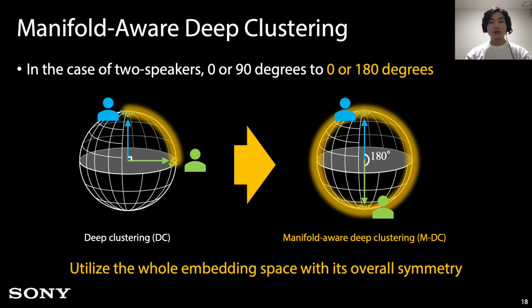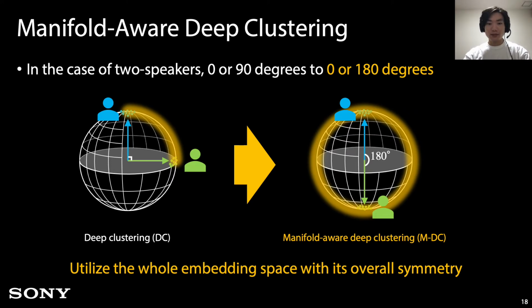Based on this consideration, we propose our method called manifold-aware deep clustering, MDC. Our method aims to maximize the target angle. In the case of two speakers, we expand from 0 degrees or 90 degrees to 0 degrees or 180 degrees.